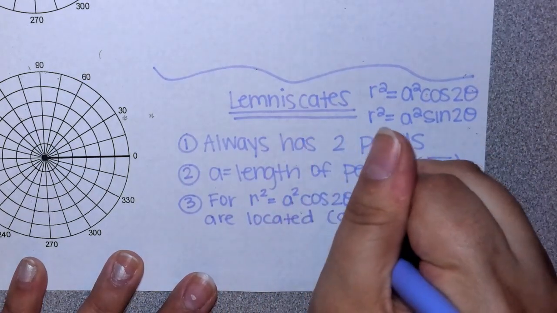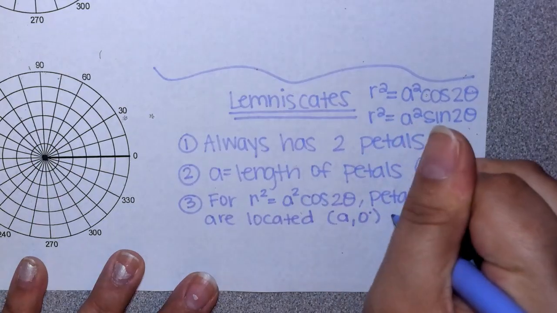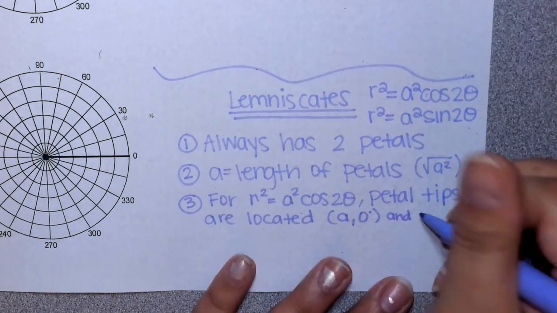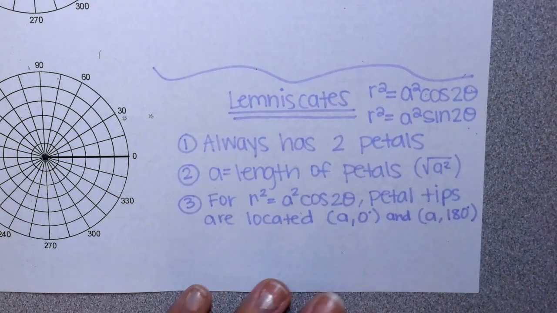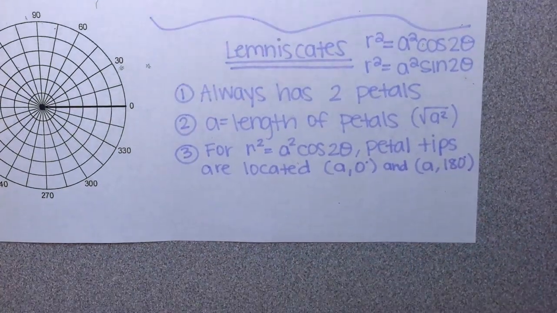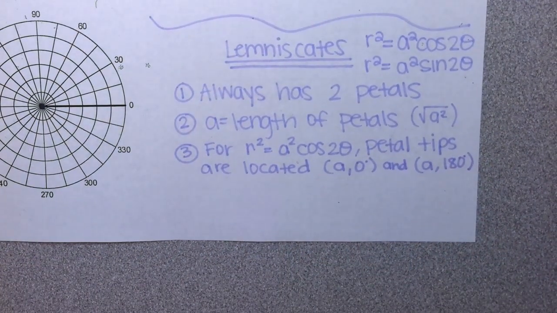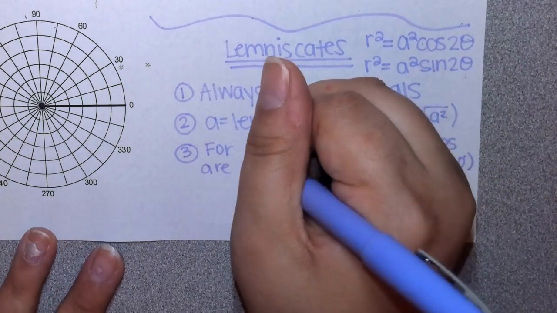They were located at a at 0 degrees and where? At 180 degrees. For cosine, they were located at 0 and 180.